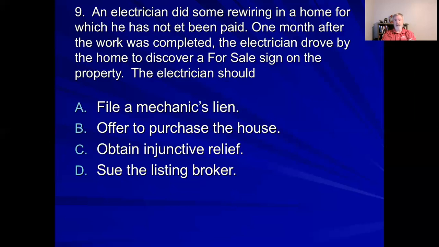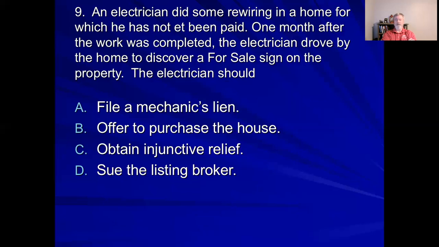Because if that client does not pay for it, guess who that electrician is going to call? You, because you called me to fix it. Now you owe me the money. Now, if they want to pay it, that's fine, but you owe me the money because you're the one who requested the service. But that's not what it says here. So the listing broker is not liable.